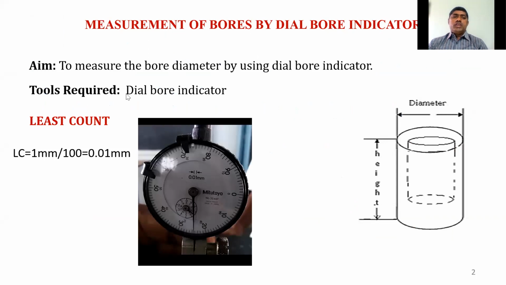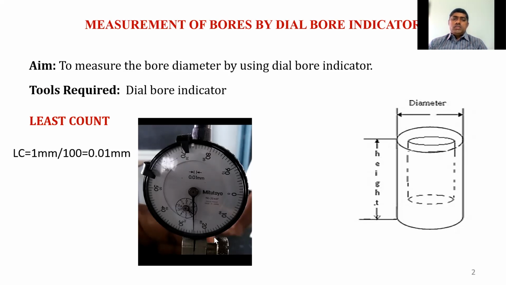For this we require a dial bore indicator and one hollow workpiece, for which we need to measure the diameter of the bore. So it is a hollow workpiece. We need to measure the diameter of this bore using the dial bore indicator.